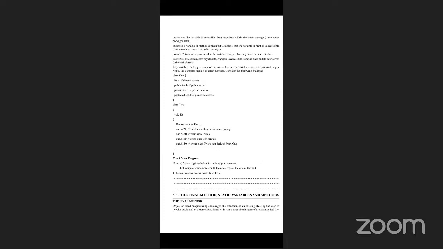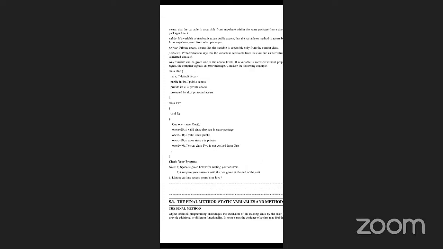Okay. So under that class, I took int A, public int B, private int C, protected int D. Under the class name, object name is 1. A equal to 20, it can be accessible. 1.B equal to 30, even that is also acceptable.